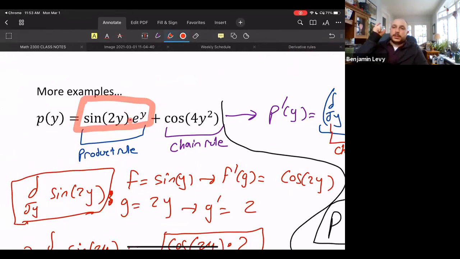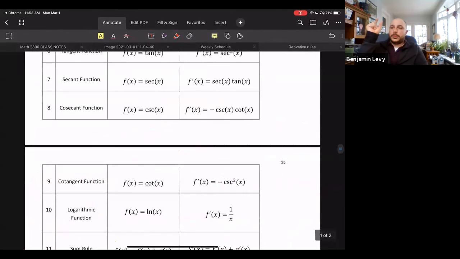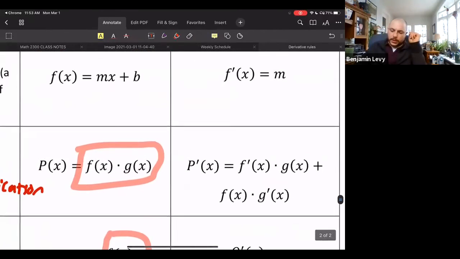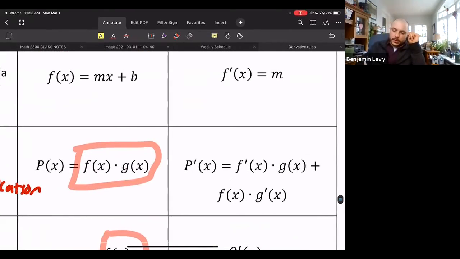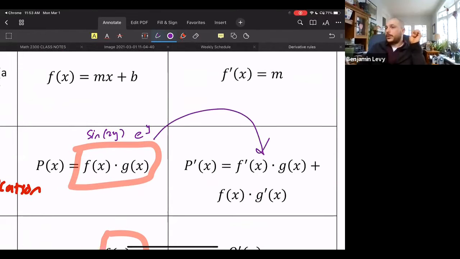I'm recognizing it as sine of something times e to the y. I'm thinking about this product rule with this one being the sine part, and this part being e to the y. And then I'm just trying to apply the rule to that.